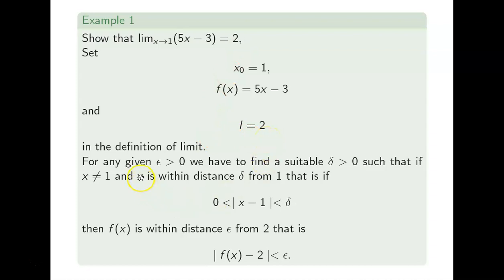And for any given epsilon greater than 0, here we want to find a suitable value of delta greater than 0 such that when x approaches to 1, that means x is actually not equal to 1, but x is approaching towards 1 and x lies within delta distance from 1, that is if 0 less than |x minus 1| less than delta, then f(x) is within the epsilon distance from 2, that means |f(x) minus 2| will be less than epsilon.